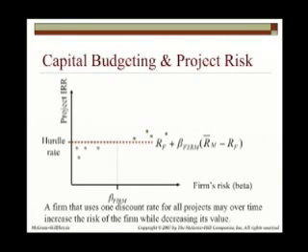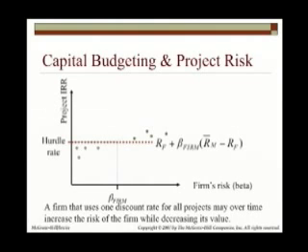Now, on this graph, we have put some projects, and over here to the left of the beta, we have got low-risk projects, and they have a low return. And over to the right, we have some higher-risk projects, and they have a high return. Now, if we were just using this one-size-fits-all, we're going to use the firm's cost of capital as a hurdle rate.